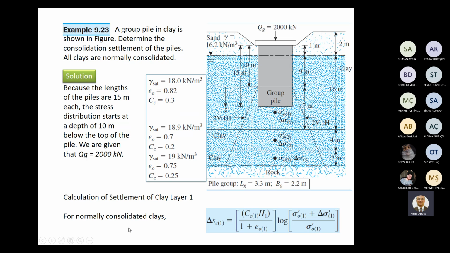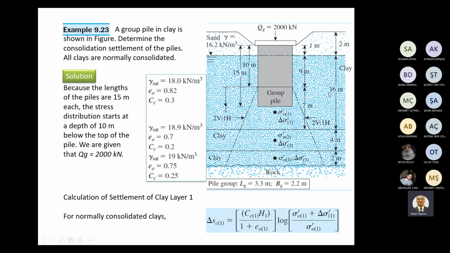Let us solve one example question about pile settlement problem. A group pile, as shown in this figure, and we will determine consolidation settlement of pile group.